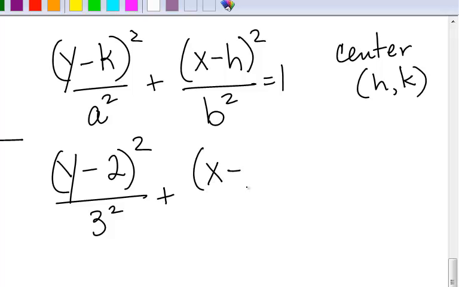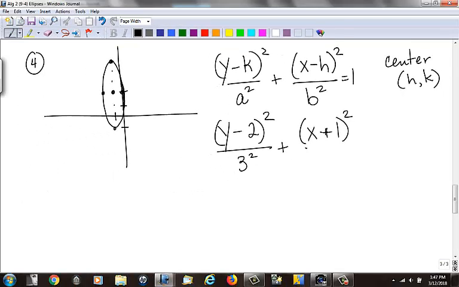X minus, or no, in this case it's plus, minus a negative 1, plus 1, X plus 1, quantity squared, right? Okay, and then 1 squared, sorry. 1 squared, because we went to the right 1, left 1, equal to 1.